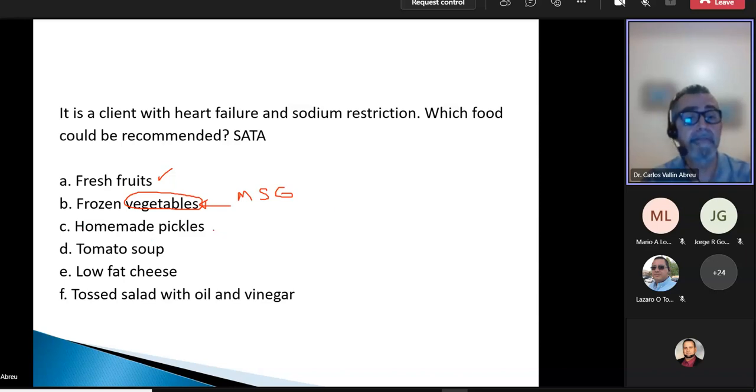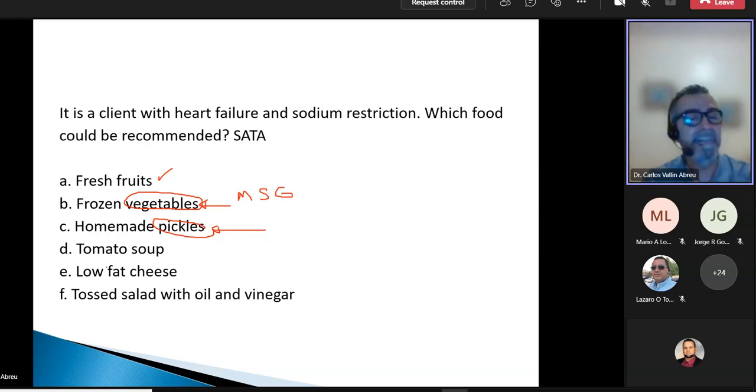Homemade pickles. To make pickles, apart from vinegar, you need to use a lot of sodium. Of course, it is very high in sodium. Pickles are one of the highest sodium content foods, even if what predominates in the taste is the acidity, the sour taste. Okay, they have a high content of sodium.